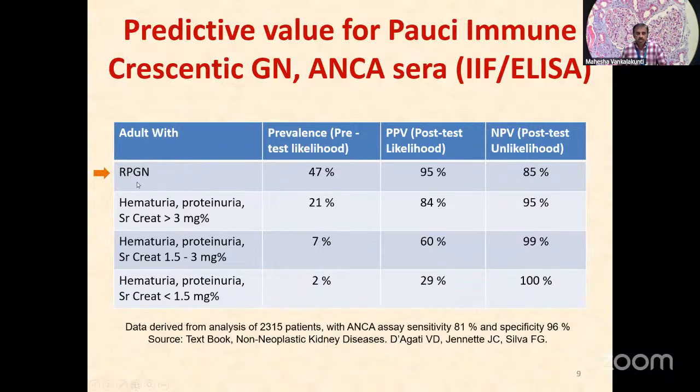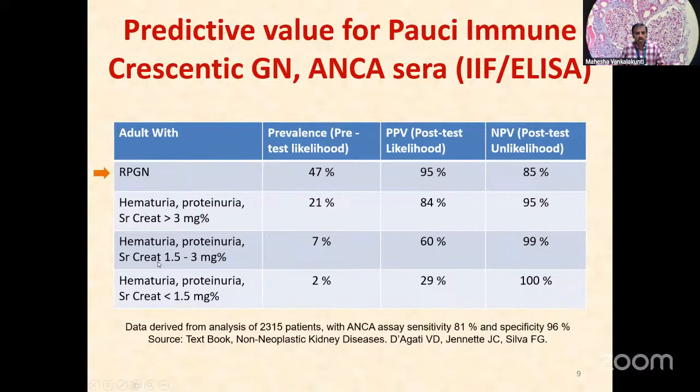If we look at this, the presentation of an RPGN, and if the test is positive, then there is a likelihood of 95% of it turning out to be crescentic GN. On the other hand, if the presentation is RPGN and the ANCA serology is negative, that amounts to around 85%. It drops from 95 to 85. So mind you, the other 15% could be that of an ANCA negative pauci-immune crescentic GN.